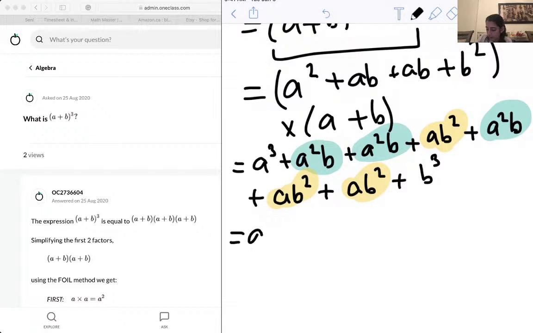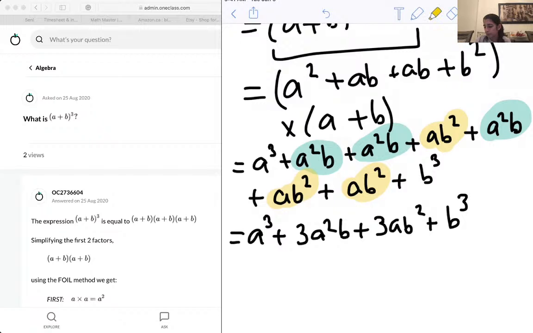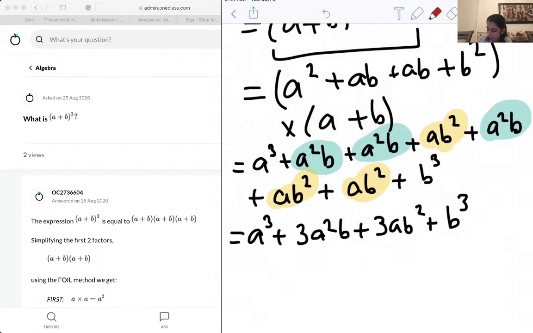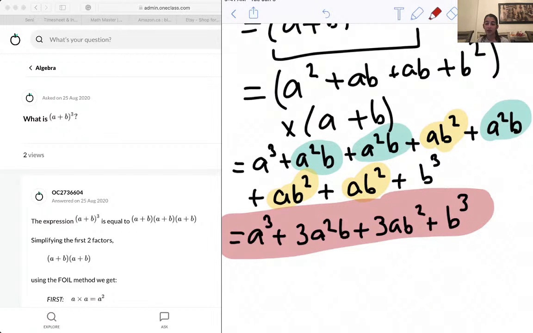So a cubed plus 3 a squared b plus 3 ab squared plus b cubed. That is our final answer.